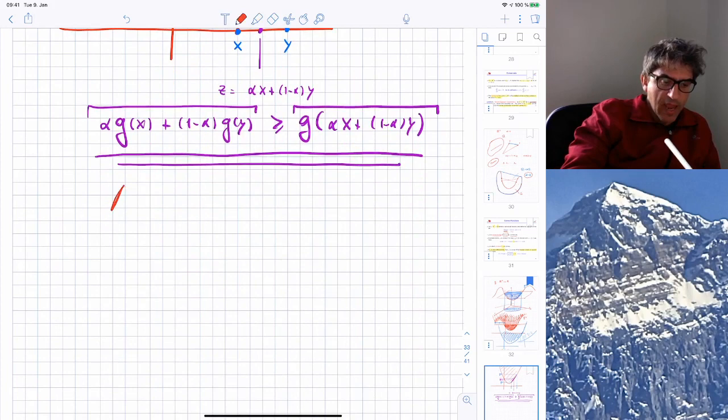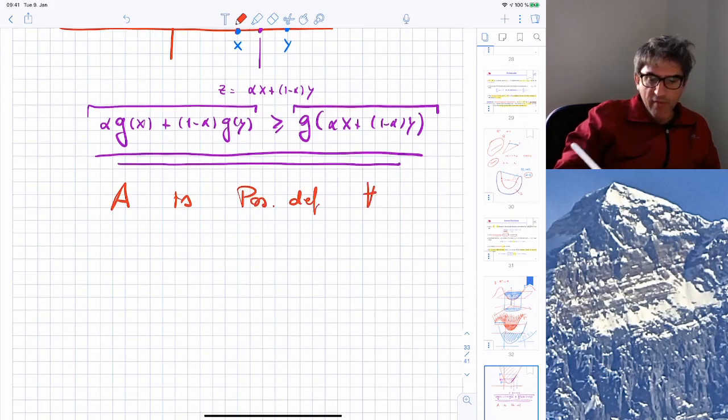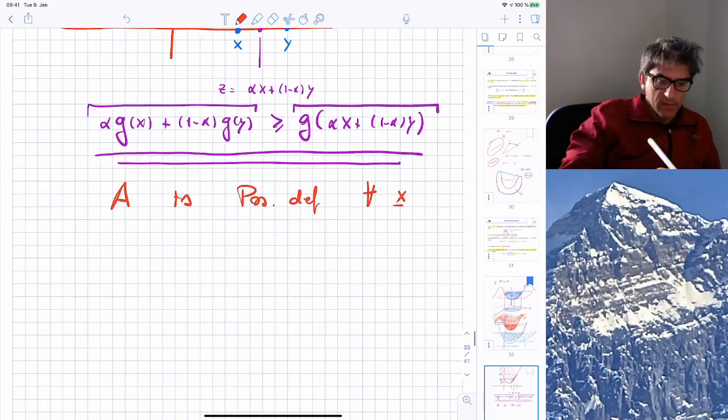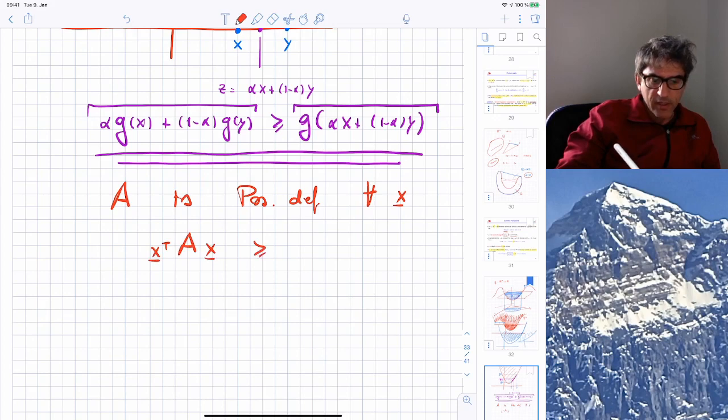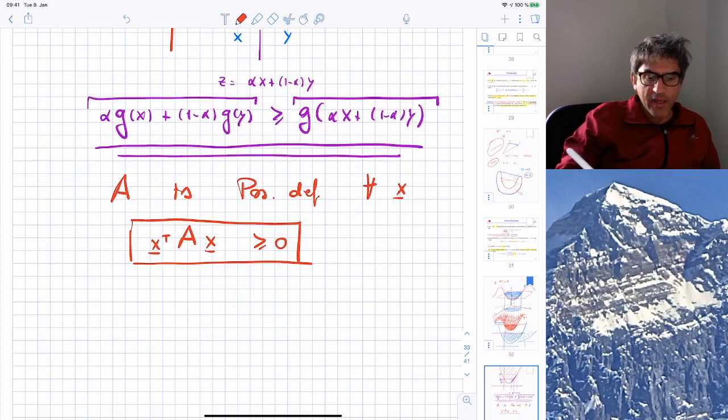Positive definite, a matrix is called positive definite. So a matrix A is positive definite if for every vector x, x transpose A x is greater or equal than 0. Okay? Now, it's called strictly positive definite if this is strictly positive for any x non-zero.